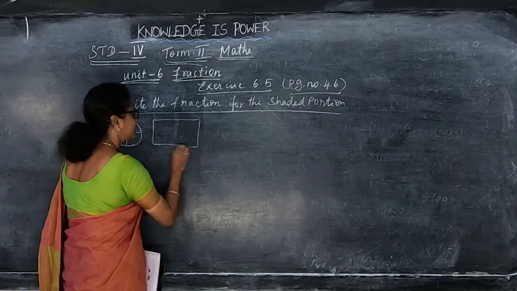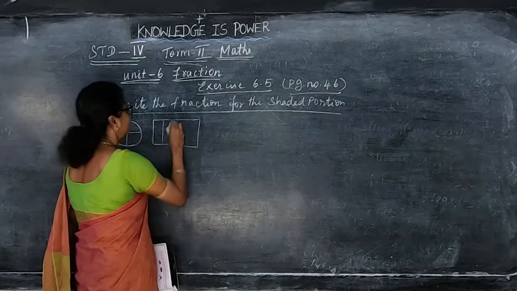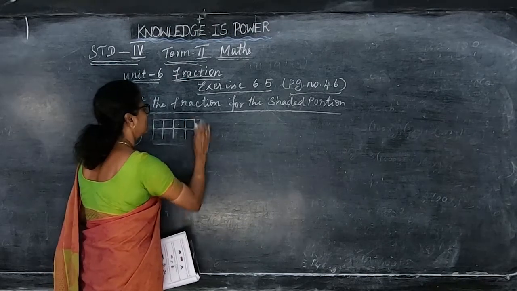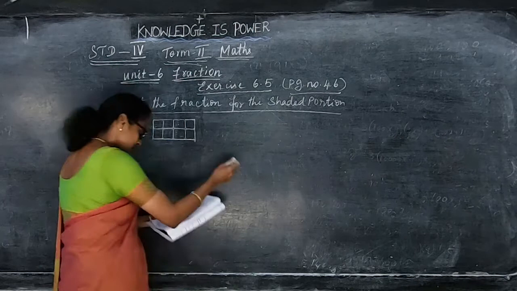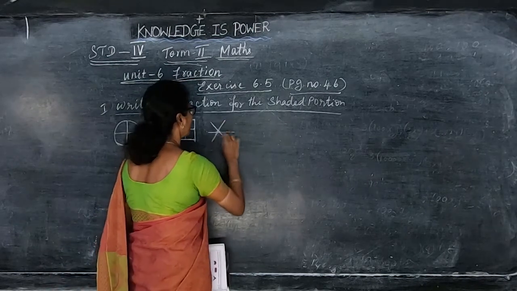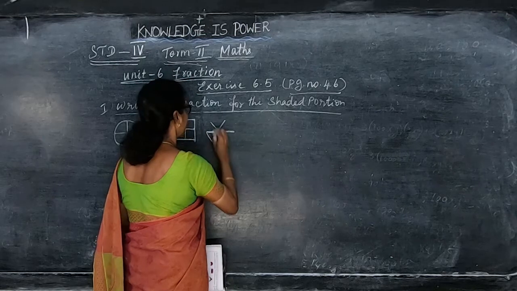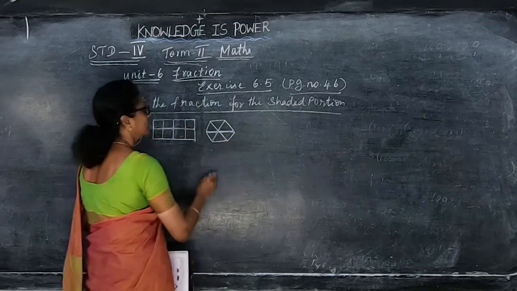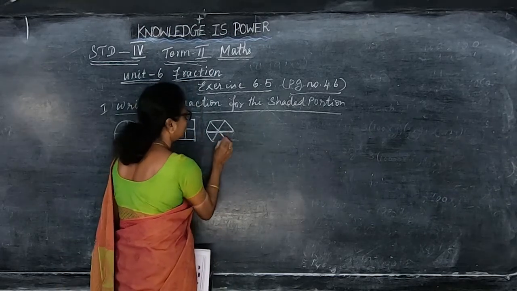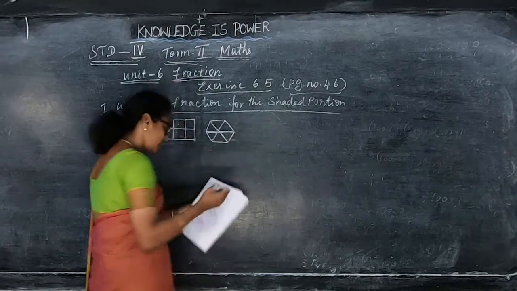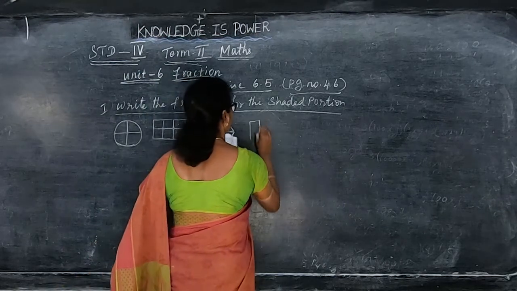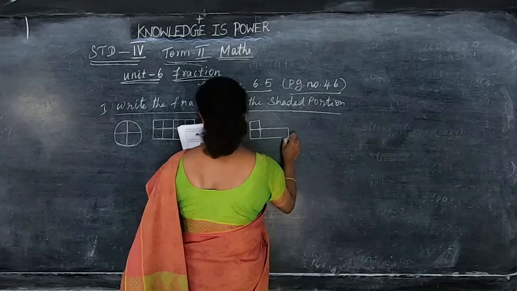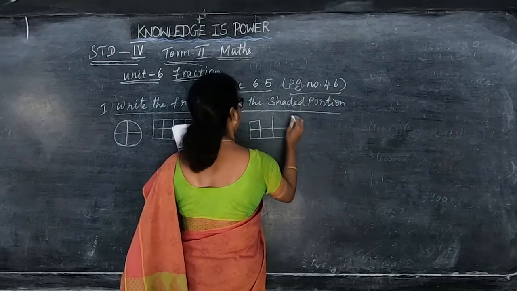Then some rectangles are given, and then a hexagon. Then here a square is given. It continues like this, and here one box is given.